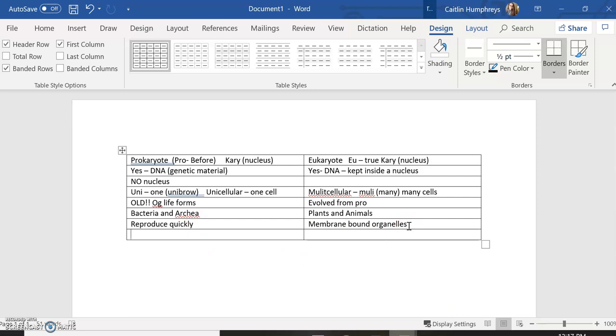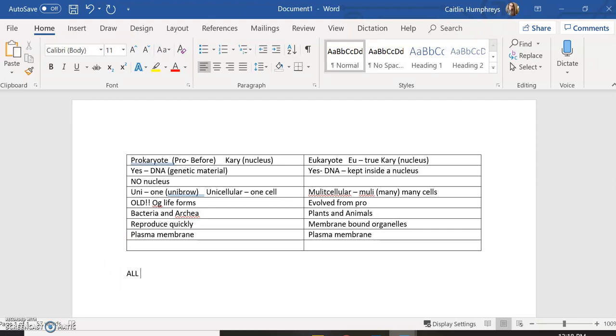So we have a plasma membrane. And the point of me informing you of this is that all cells have membranes, all cells. So we're going to make a note of that down here.